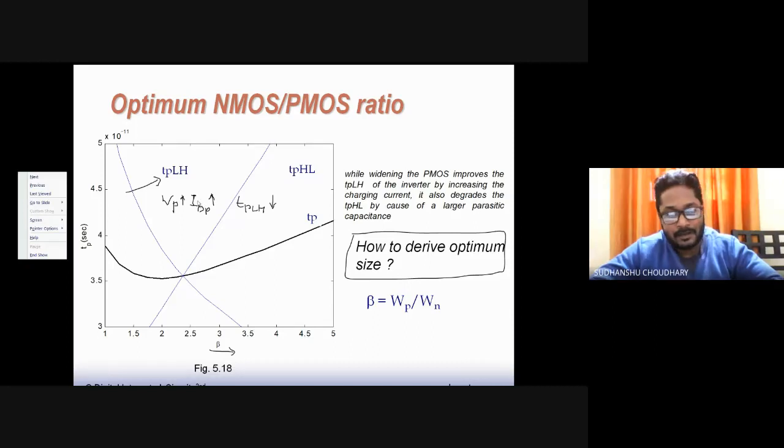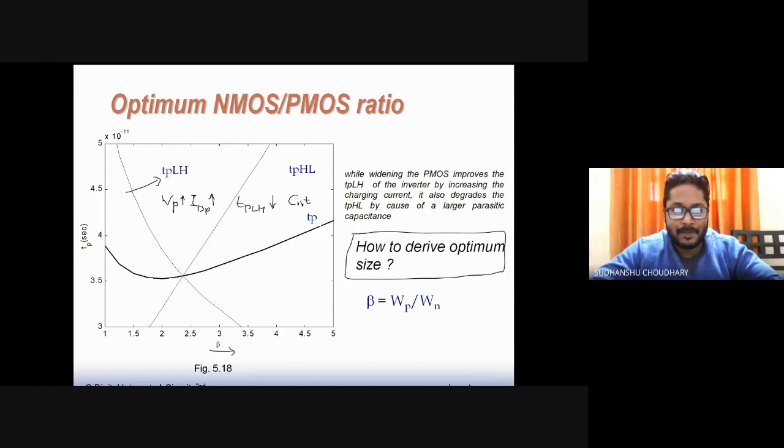So when WP, that is the size of the MOSFET, is increasing, TPLH is coming down, because the current drive capability of PMOS is increasing, so the load capacitor can be charged faster. But on the other hand, the intrinsic capacitance, that is the drain diffusion capacitance, starts going up.